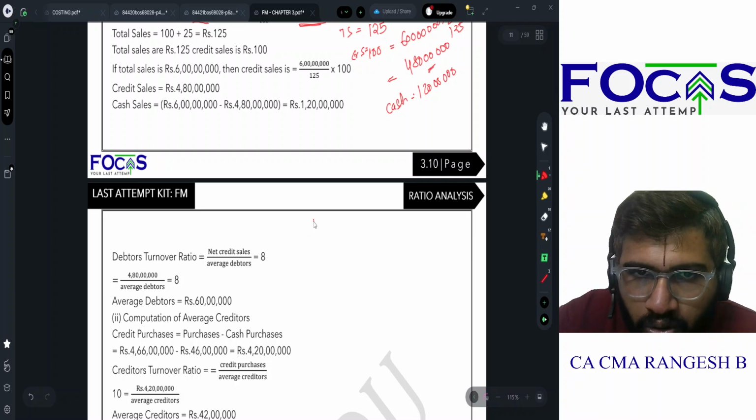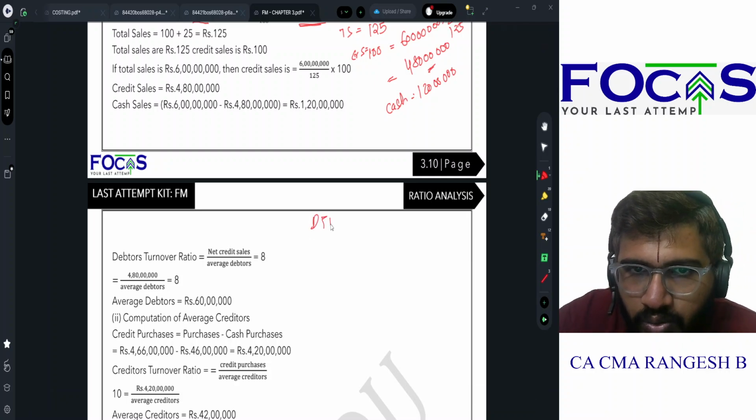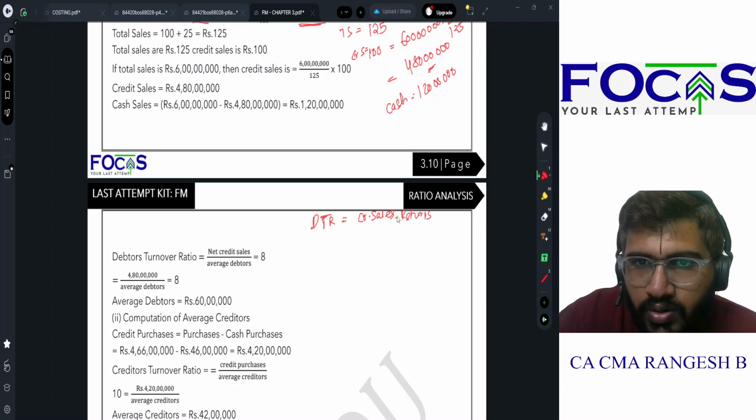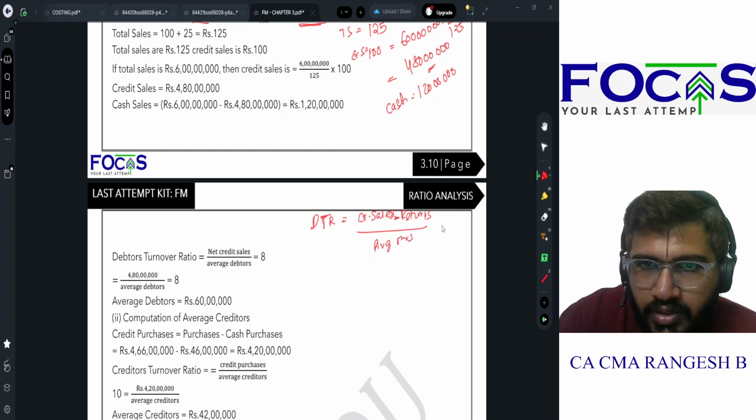Debtors turnover ratio is equal to credit sales minus returns if any, so net credit sales divided by average debtors. So debtors turnover ratio they've given it is 8.